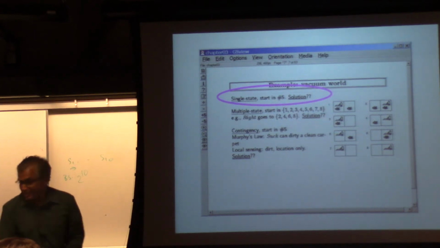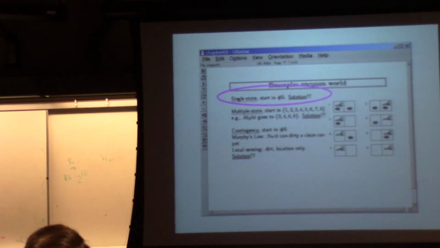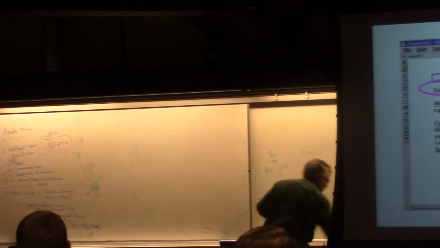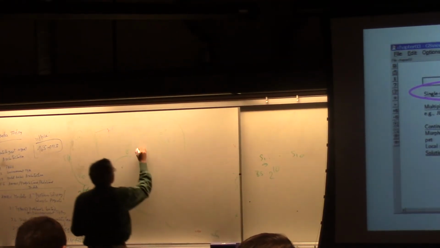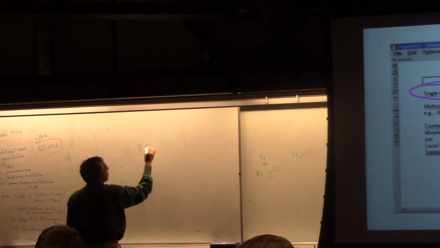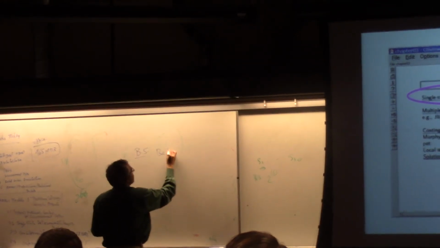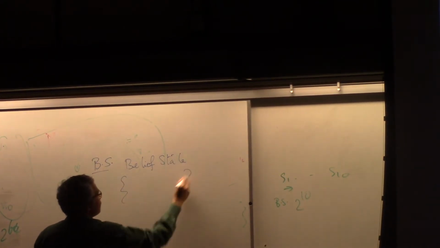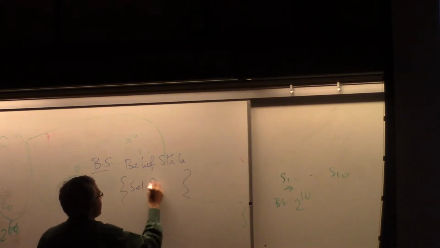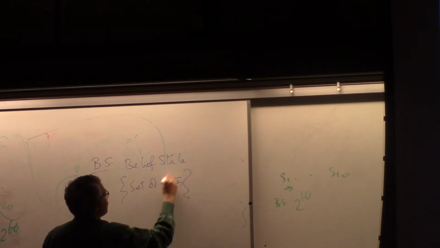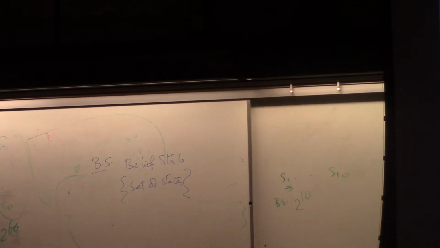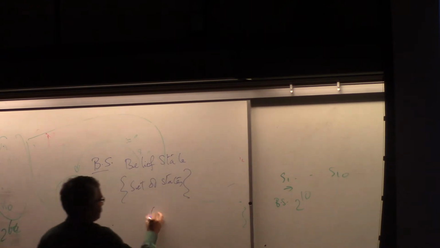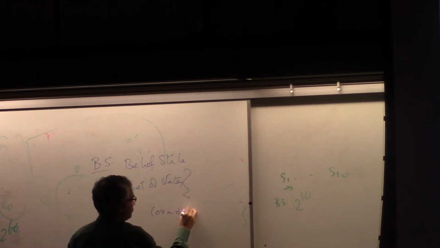Okay? So instead of states, I will make up this new fancy name, called belief states. It has an unfortunate shortening. A belief state is a set of states or a distribution over states.